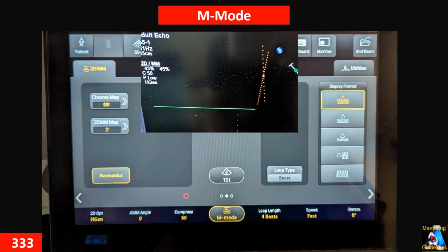The most important for this optimizing is using angle correction for the M mode, which the new machines, new versions, have as an option. We change the orientation of our cursor, and the general rule is our cursor for measurement on M mode should be exactly the same direction as our 2D measurement.